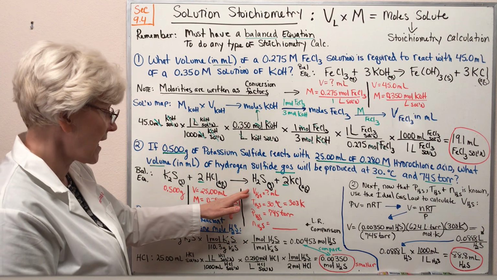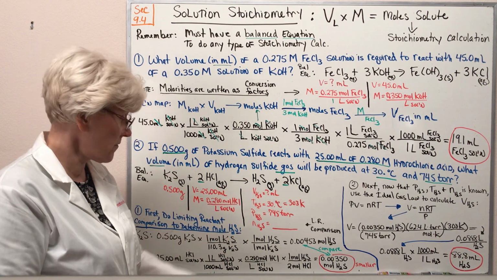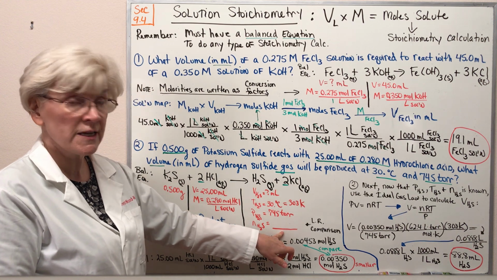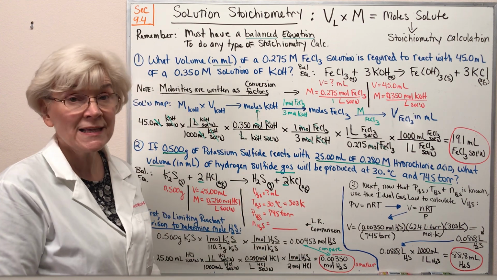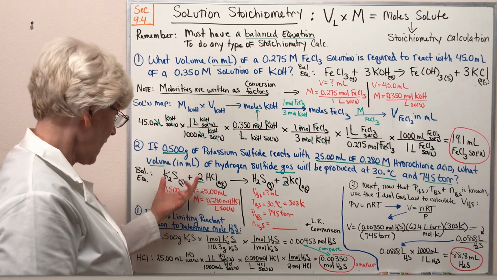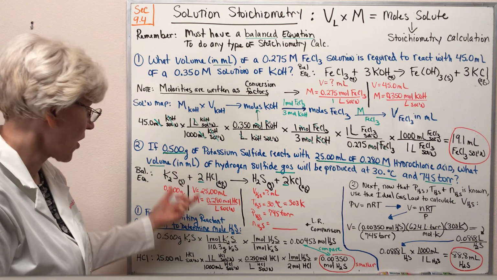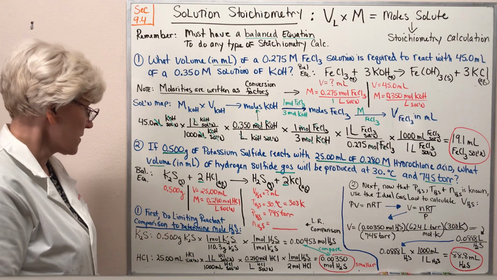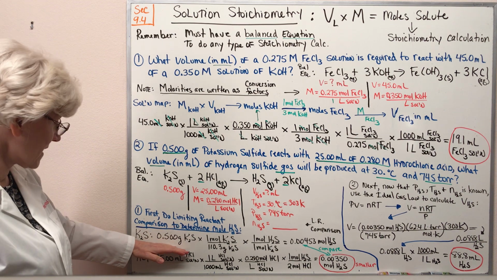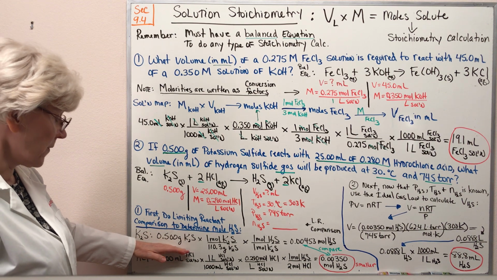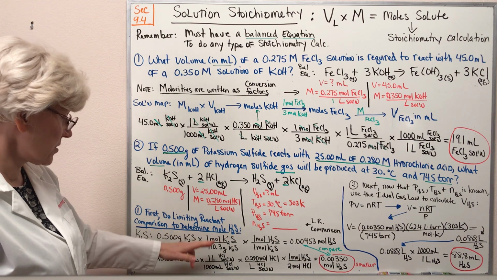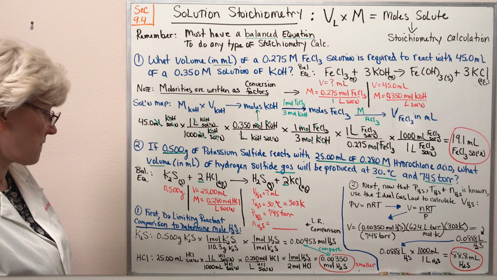Notice that in order to calculate the volume of hydrogen sulfide, we will also need to know the moles of hydrogen sulfide produced, and we are going to get that from a limiting reactant comparison of the data that has been provided for our two reactants. So if we have 0.5 grams of potassium sulfide, we can use the molar mass of potassium sulfide and convert to moles of potassium sulfide.